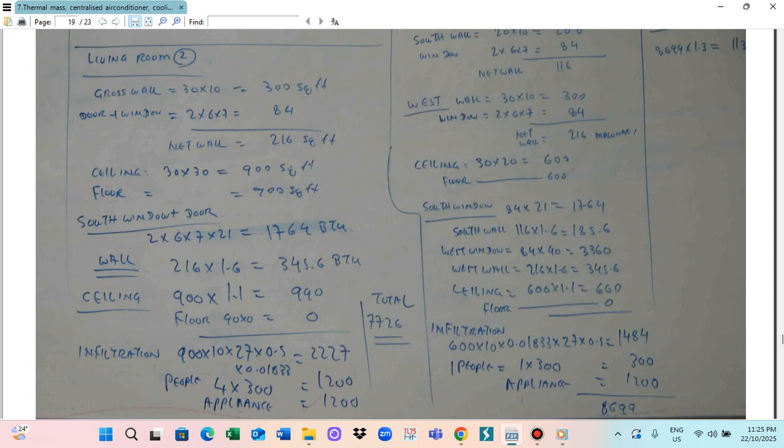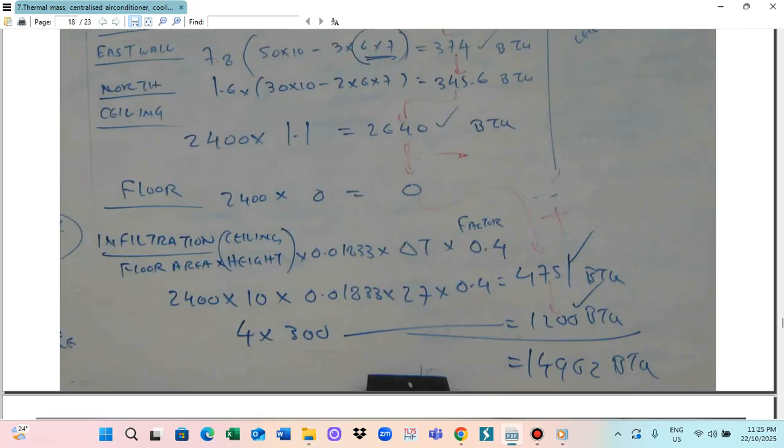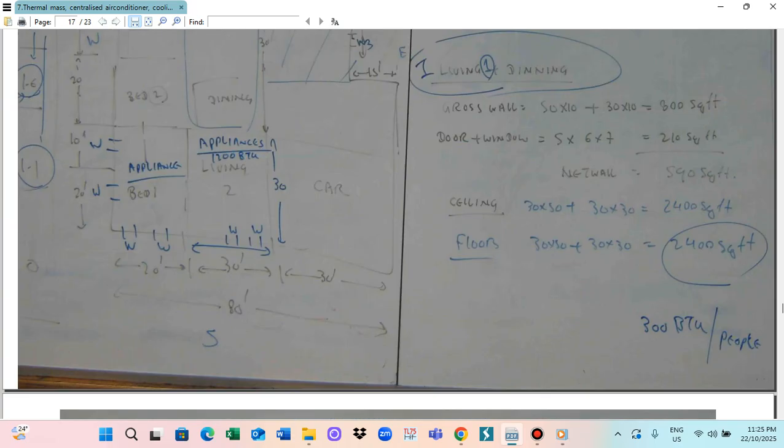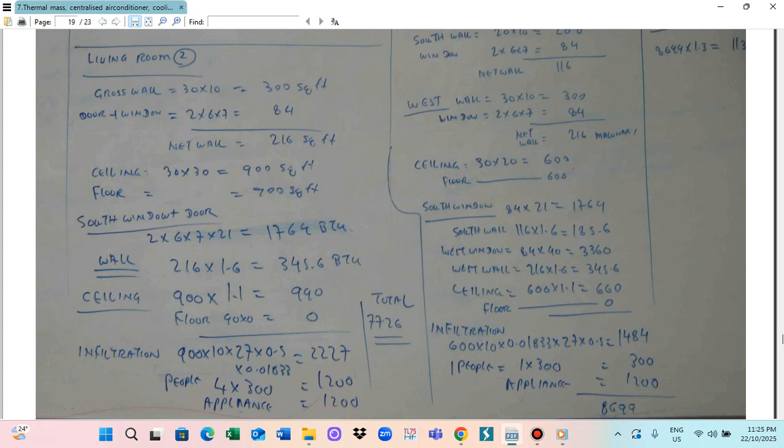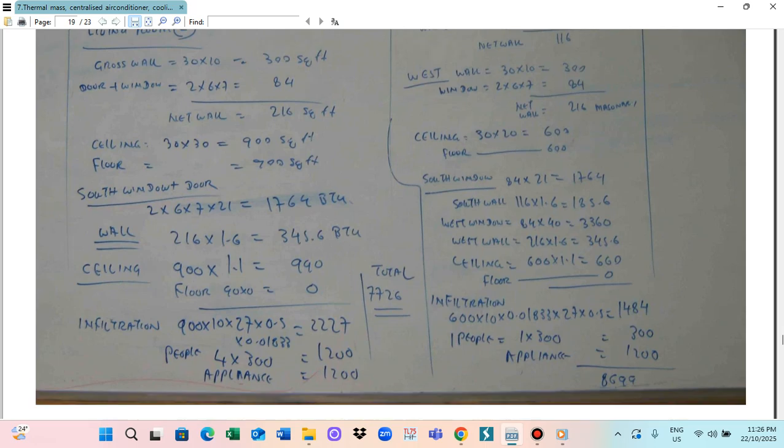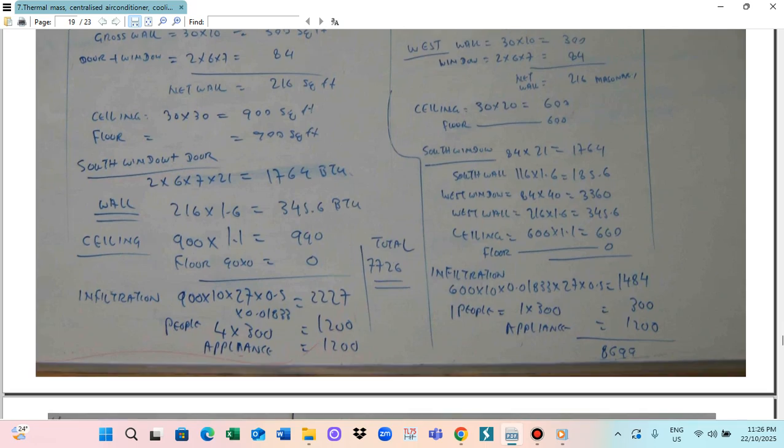South window: the area we already calculated is 84, multiplied by 21, so this is 1764. South wall is 116 multiplied by 1.6, which is 185.6.